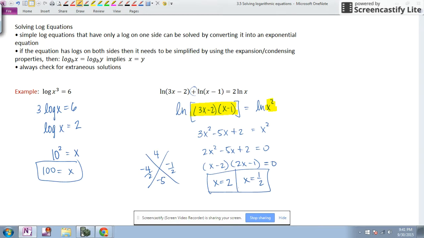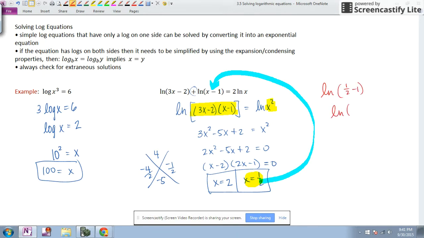Now, yes, you should always plug in your answers to make sure they make sense, because I am noticing right now something about the 1/2. The 2 I'm not so worried about, but the 1/2 I kind of am, because what happens when we take the 1/2 and we plug it back into here? You might notice that we would have natural log of 1/2 minus 1, or the natural log of negative 1/2.